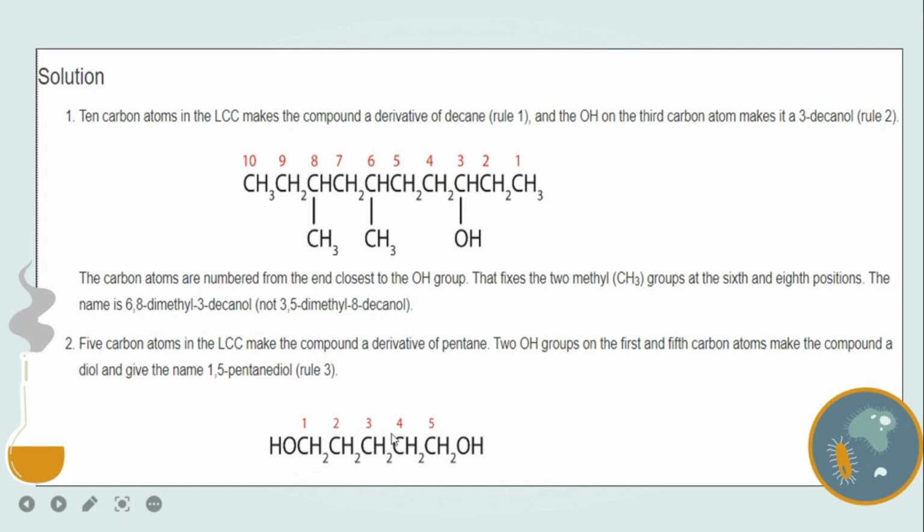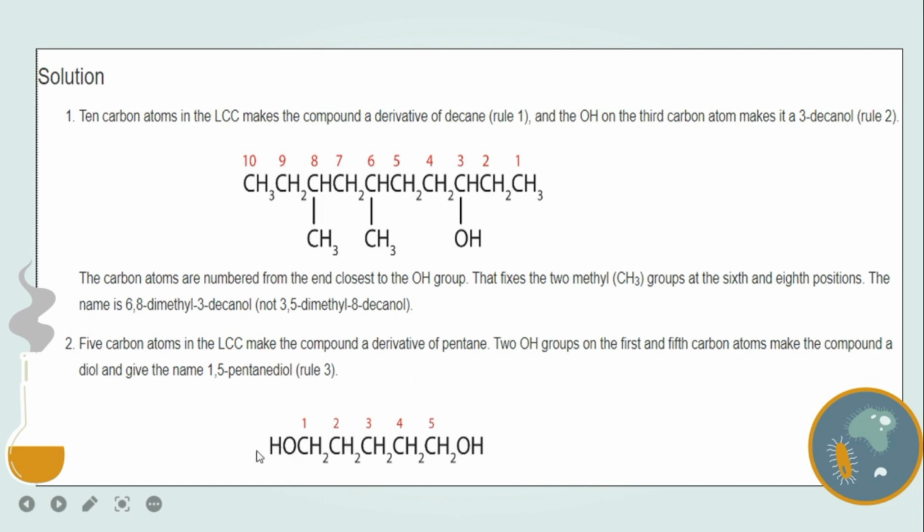So from rule number 1, the group nearest to the hydroxyl group, the HO or OH, is where we start to count. So we have carbon 1, 2, 3, 4, and 5. Two OH groups on the first and fifth carbon atoms make the compound a diol and give the name 1,5-pentanediol. Remember that a diol contains two hydroxyl groups.